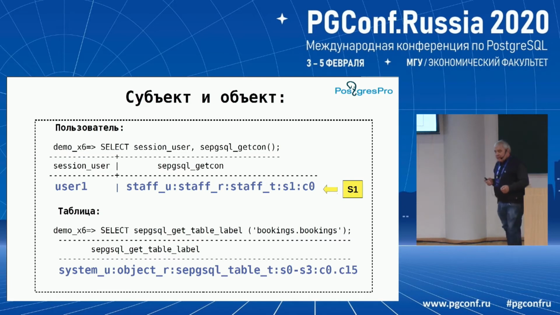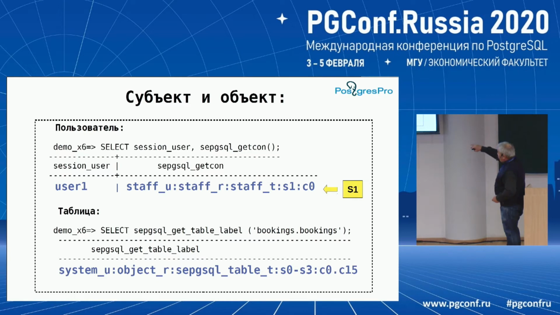Type relationship defines the policy. Let's assume that this is a yellow user, S1. So access control is higher than open, but lower than the top level.